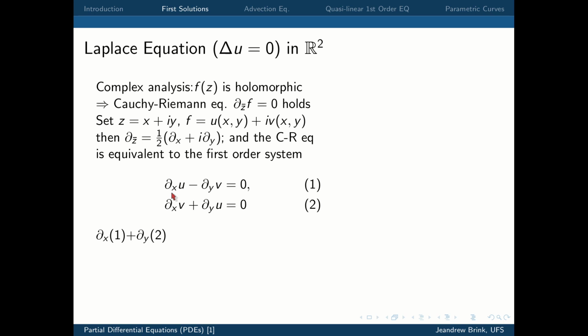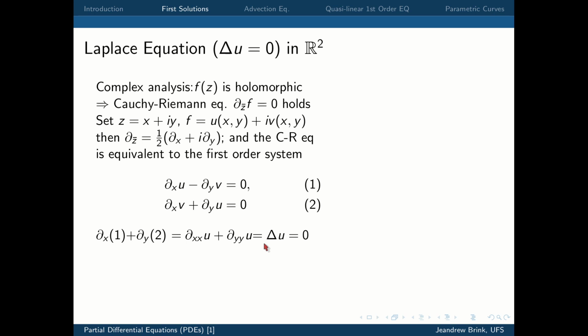You have ∂xxu minus ∂xyv, plus ∂xyv, so those cancel, plus ∂yyu, and that equals 0. So the Cauchy-Riemann conditions directly imply that the real part satisfies Laplace's equation.